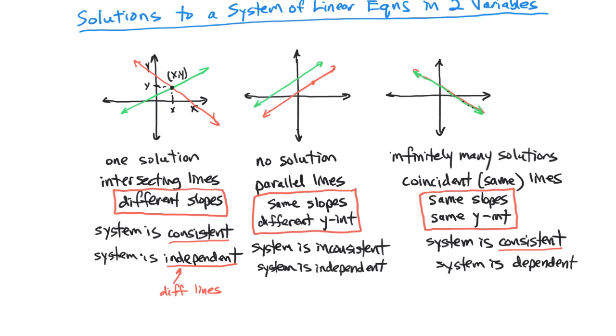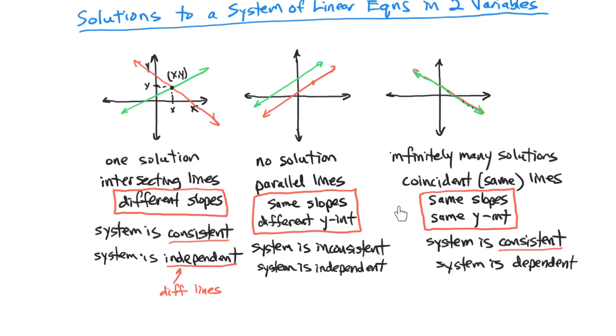Now of all of this stuff, what's the most important is knowing this first part here. There's one solution. In this case, the lines intersect if you were to graph them, and they have different slopes. If you have two equations of lines in slope-intercept form and you see the slopes are different, for sure you're going to have one solution.